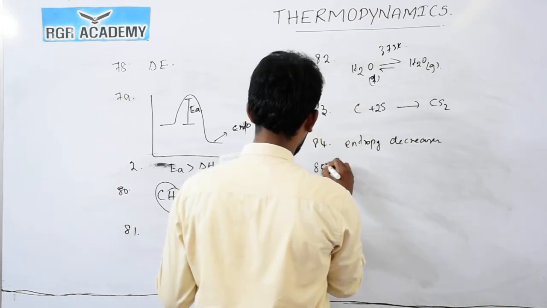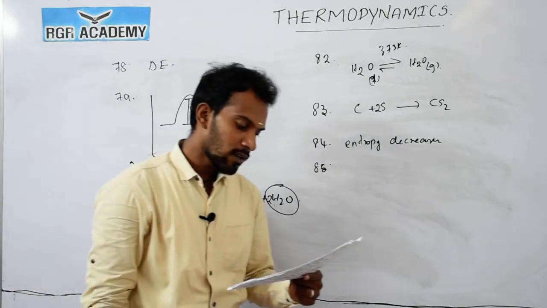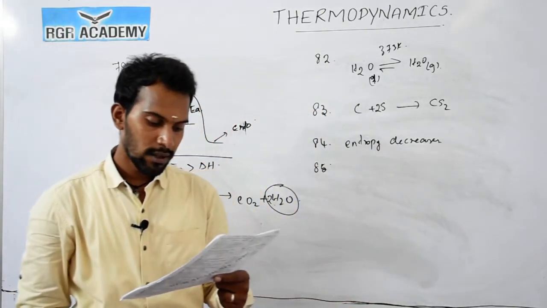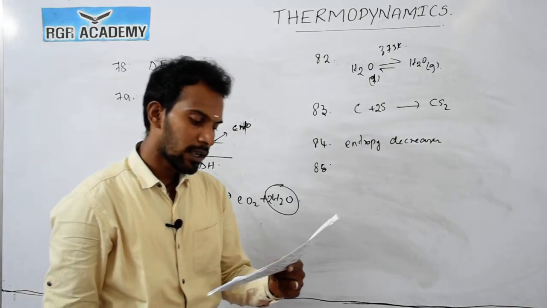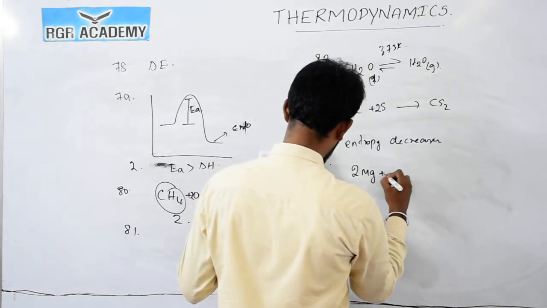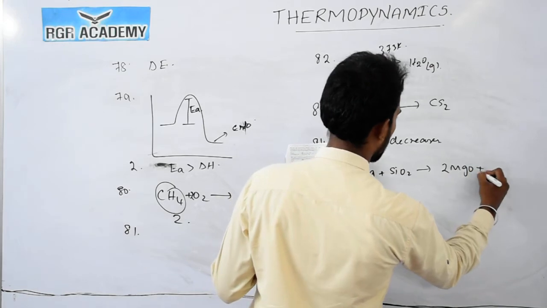Now question number 85. The values of the heat of formation of SiO2 and MgO are given, and we need the heat of the reaction. 2 Mg reacts with SiO2 to give 2 moles of MgO plus Si.